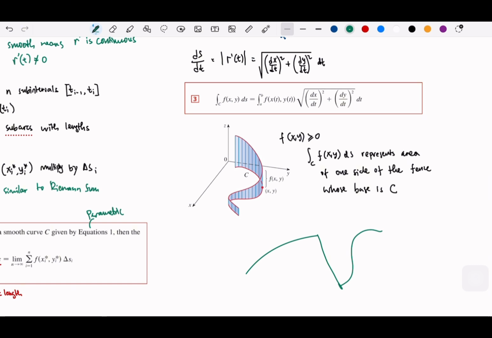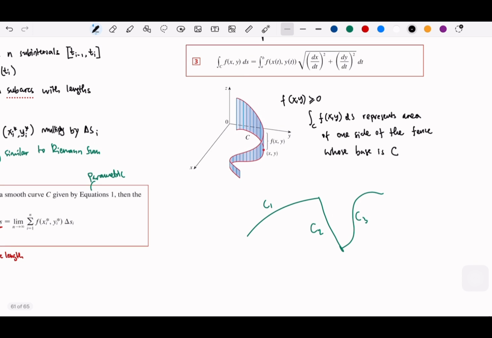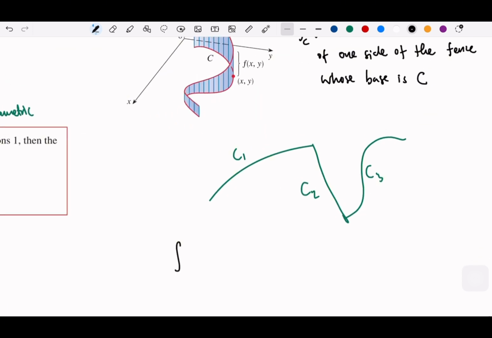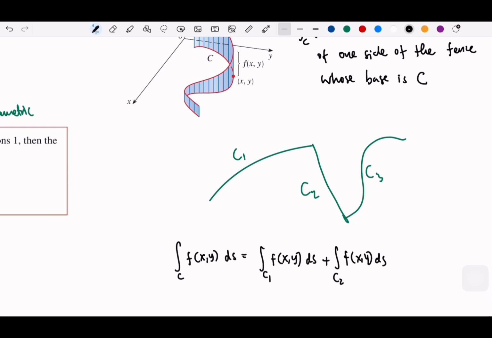So we can have C1, C2, C3. So we can also provide a split between the line integrals. So the total, for example, we can write this is C1 plus C2 plus C3.